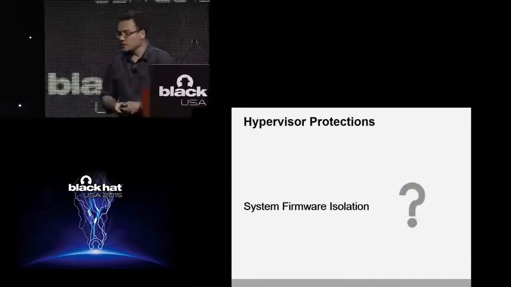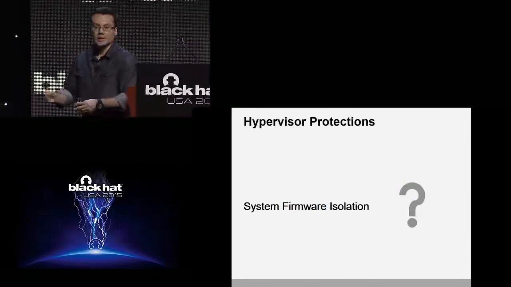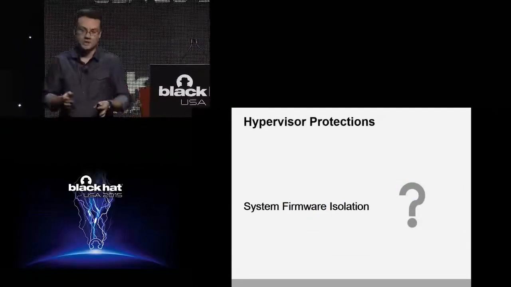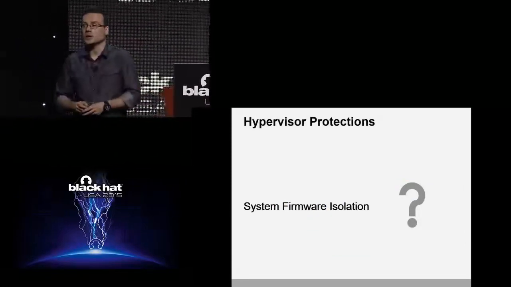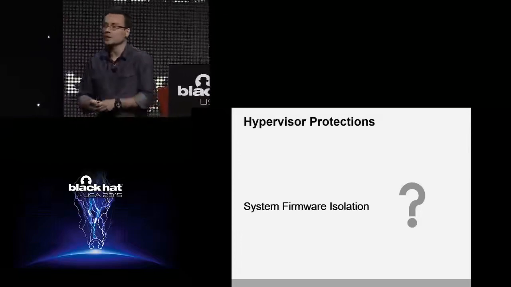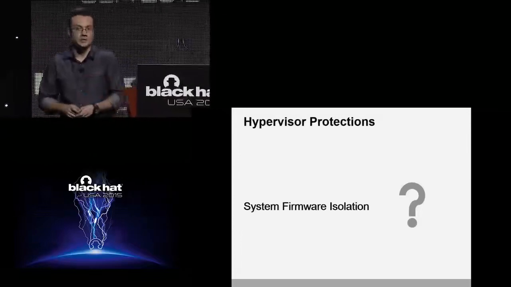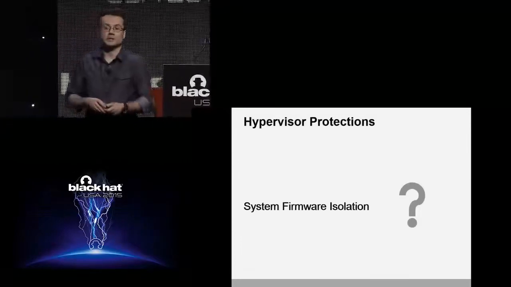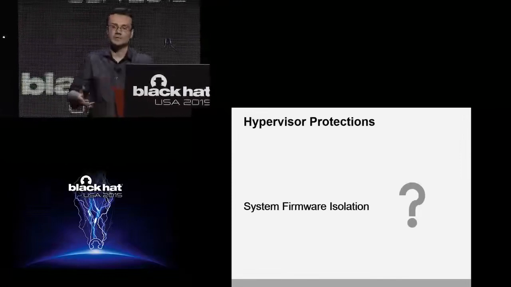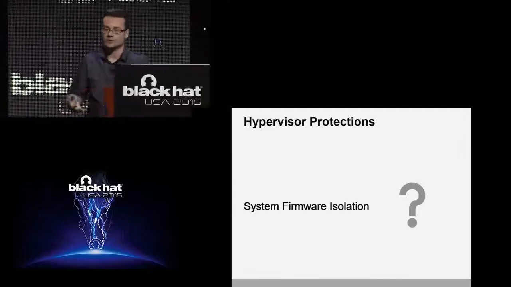So we've talked about isolating software, and we've talked about isolating devices, but we don't have any protections that provide isolation to the system firmware. And that brings the entire system firmware into the TCB of all the hypervisors.